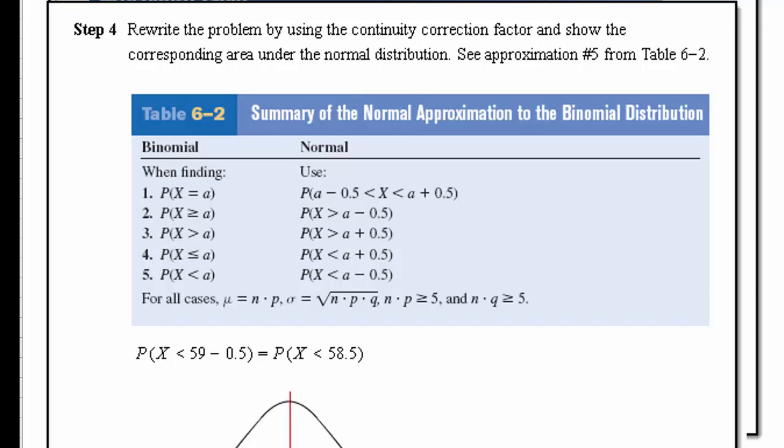Now, the next step is to rewrite the problem by using the continuity correction factor and show the corresponding area under the normal distribution. The one that makes sense for this particular problem is approximation number 5 from table 6.2. You see it right there: the probability that X is less than A minus 0.5.